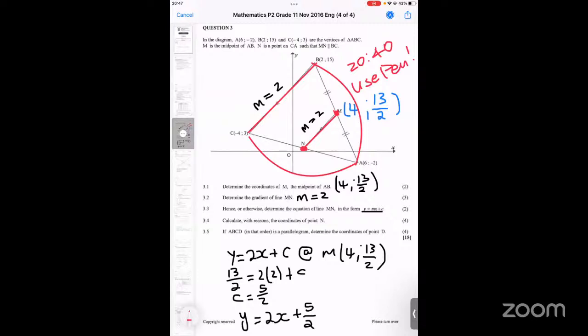So what I would do is calculate the midpoint using these 2 points. And that should be the coordinates of N. In short.